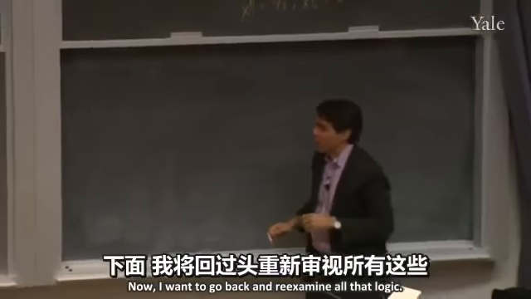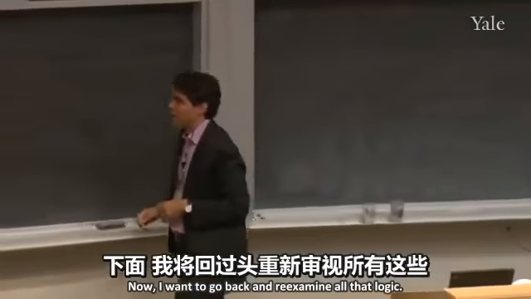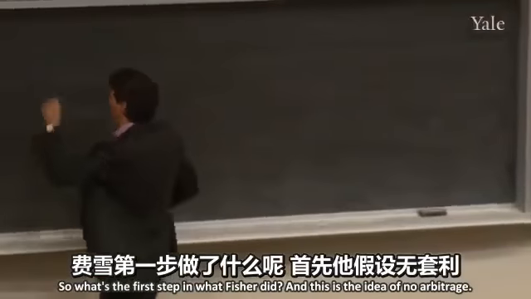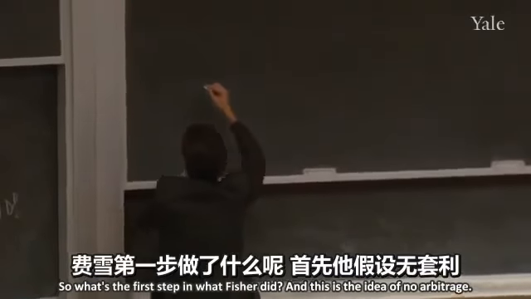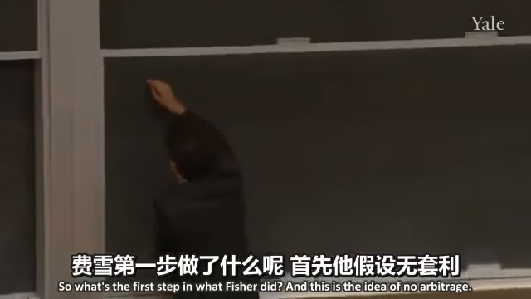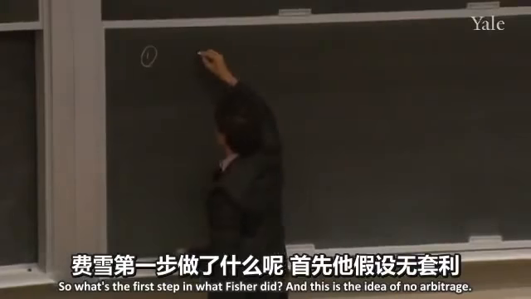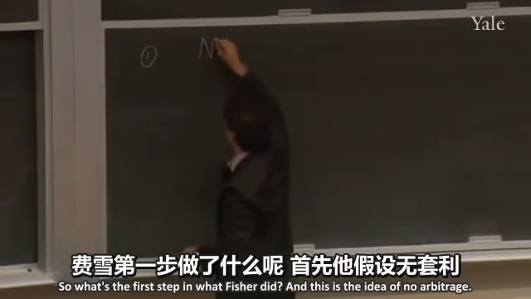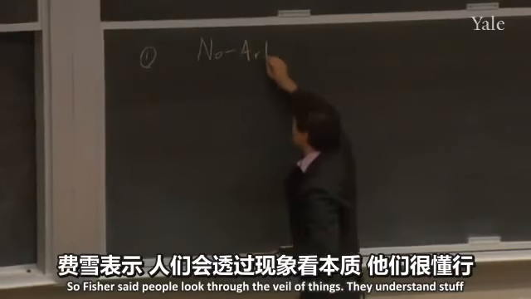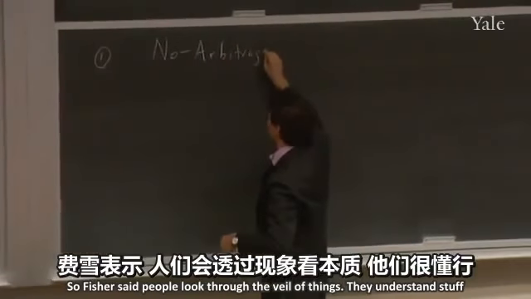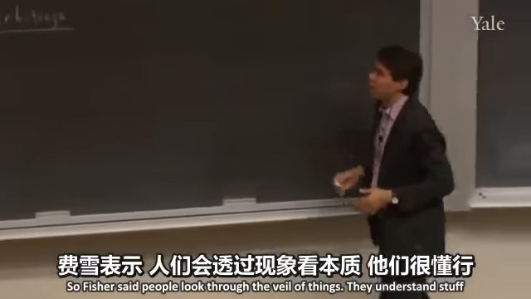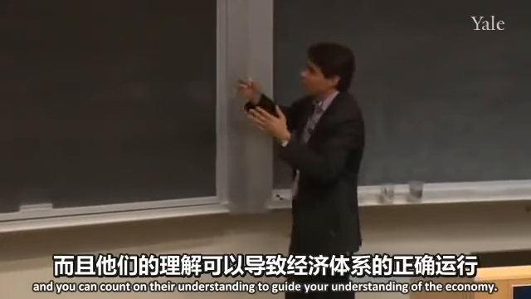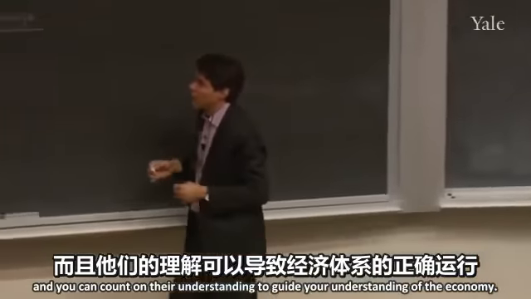Now I want to go back and re-examine all that logic. Okay, so what's the first step in what Fisher did? This is the idea of no arbitrage. Fisher said people look through the veil of things. They understand stuff, and you can count on their understanding to guide your understanding of the economy.